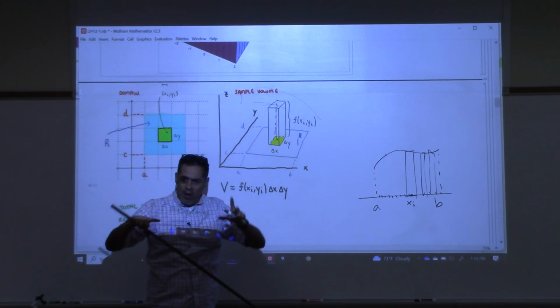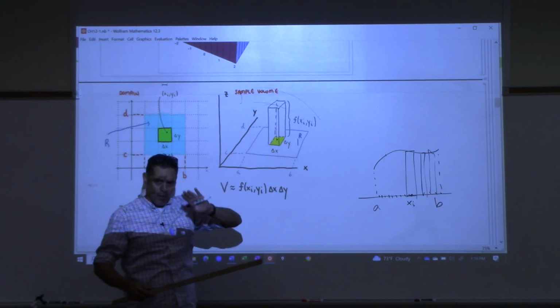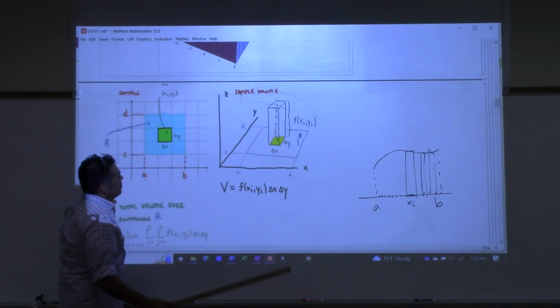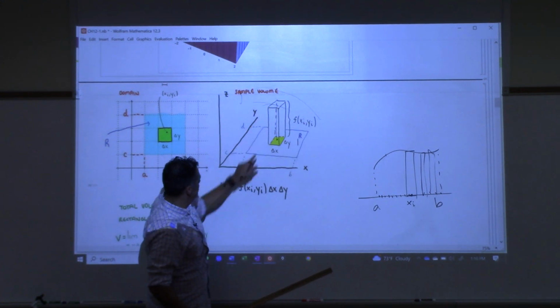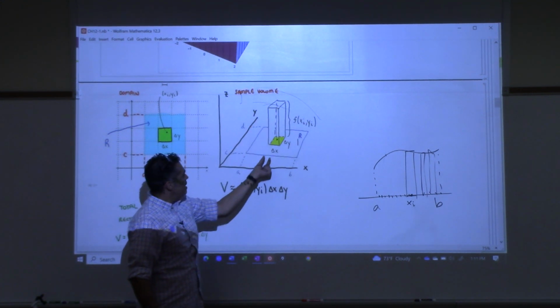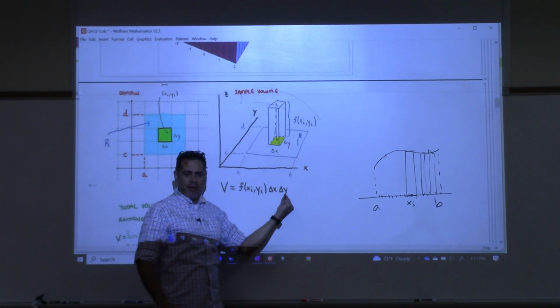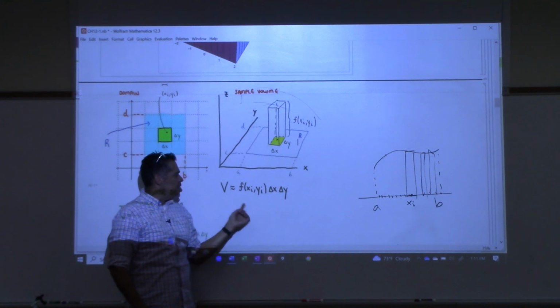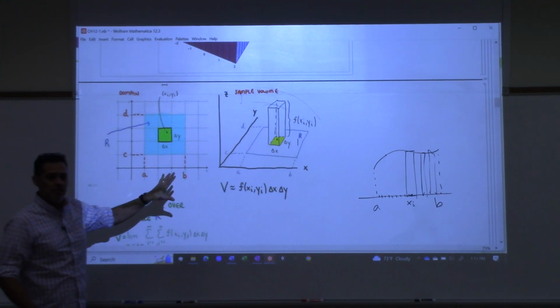And then if we can find the volume of it, we'll add them all up with an integral by letting a limit go to infinity, right? So the volume of that single box would be the height of it, which is this, times this width, which is delta x, delta y, right? So this little formula would give you an approximation of the volume of one of those boxes.